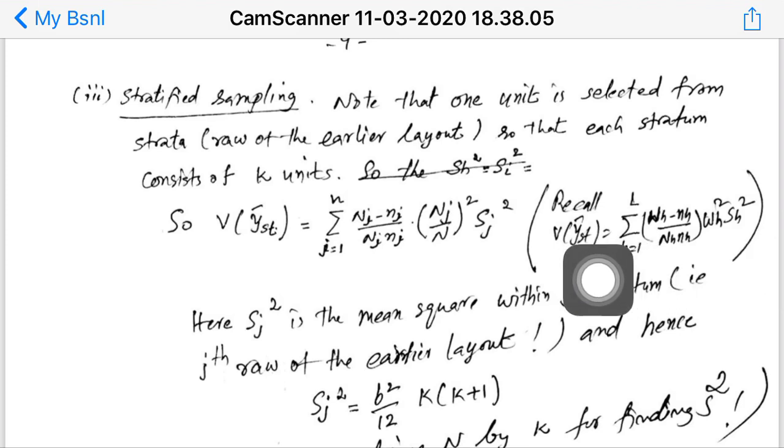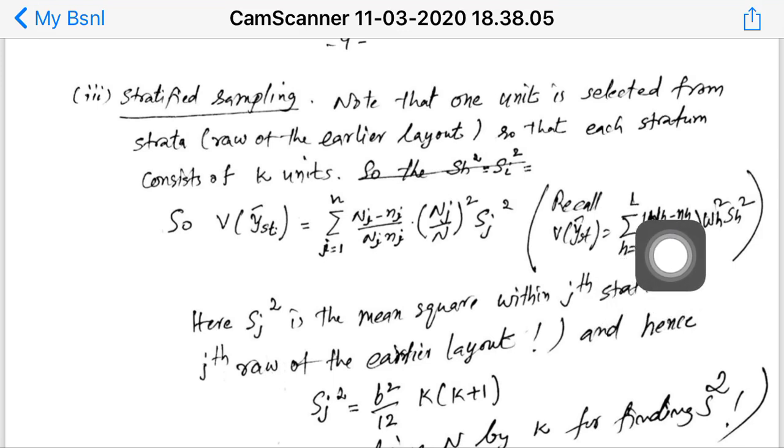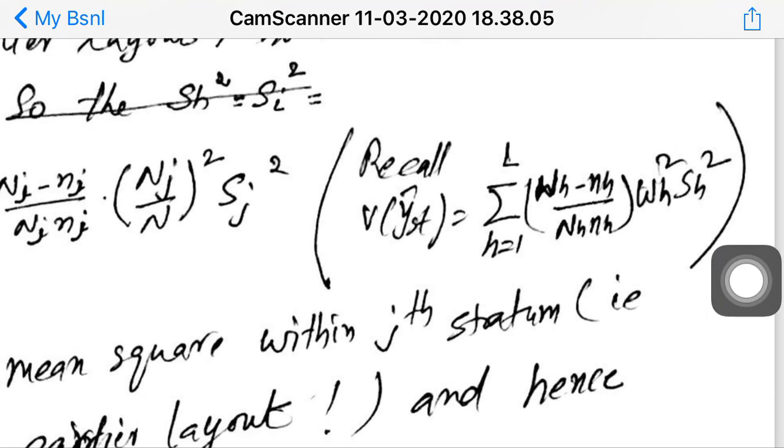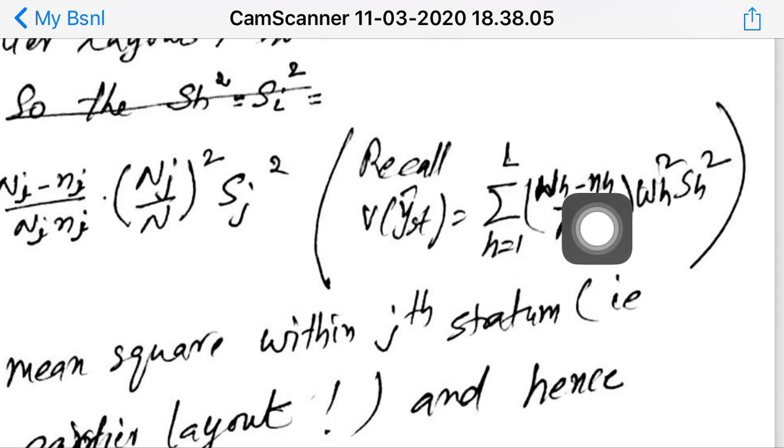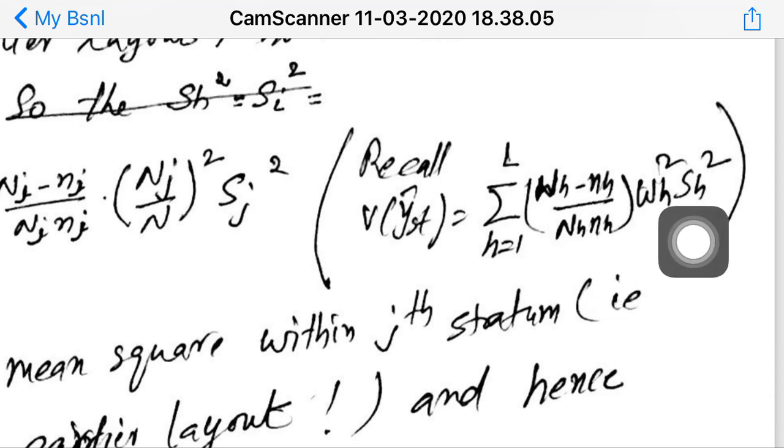Because you know the formula, variance of stratified random sample mean is equal to summation over h equal to 1 to L, capital Nh minus small nh divided by capital Nh into small nh, Wh square into Sh square.